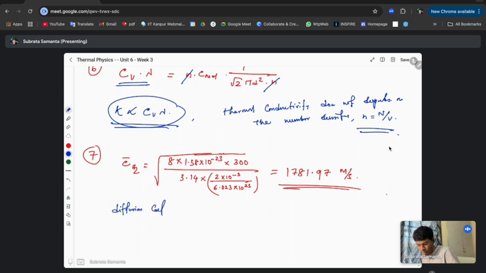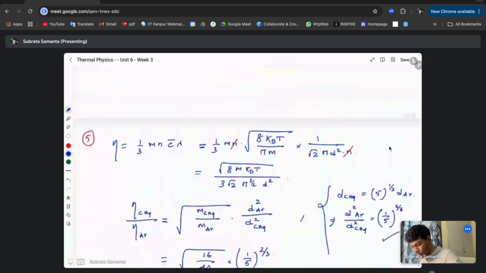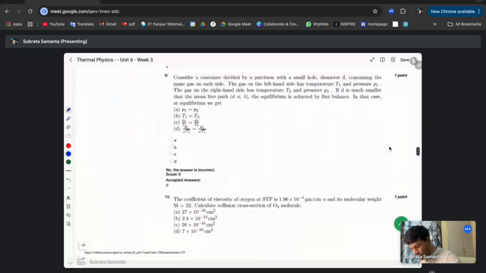So the diffusion coefficient D is 1 over 3 lambda C average. So 1 over 3, what is the value of lambda? Lambda is given, right?